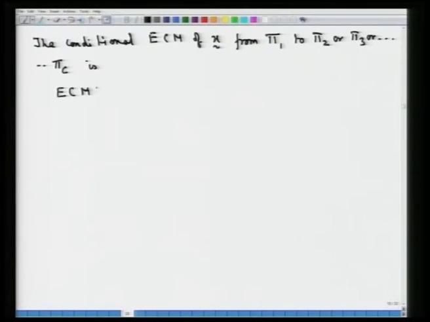So, this is the conditional expected cost of misclassification of an observation x coming from pi 1 into any other population other than the first population pi 1.